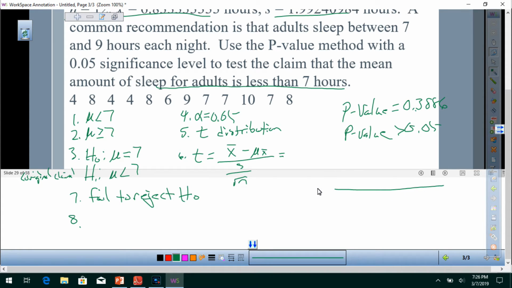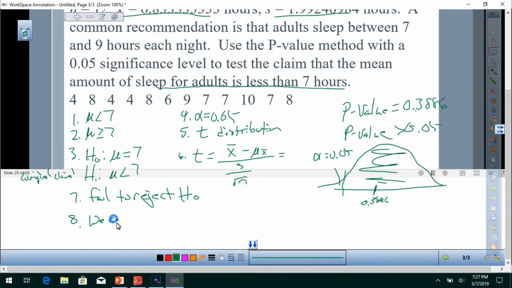Let's draw right here. This is less than, so we have a left-tailed test, right? And right here, this would be alpha equals 0.05. And this p-value is going to be over here at 0.3886. So that's why we're not rejecting.